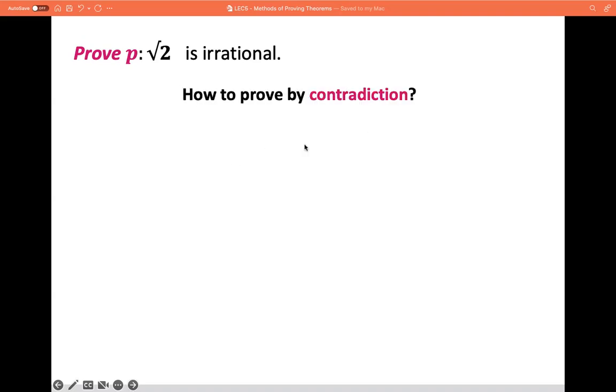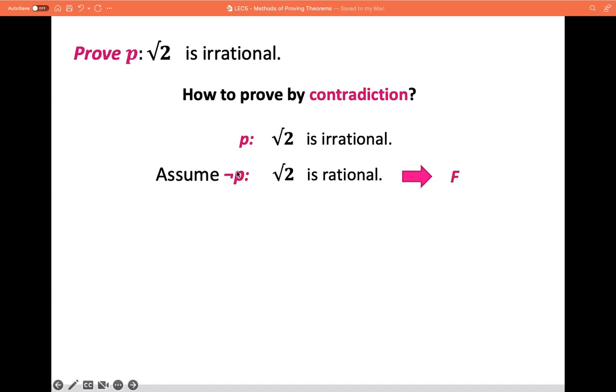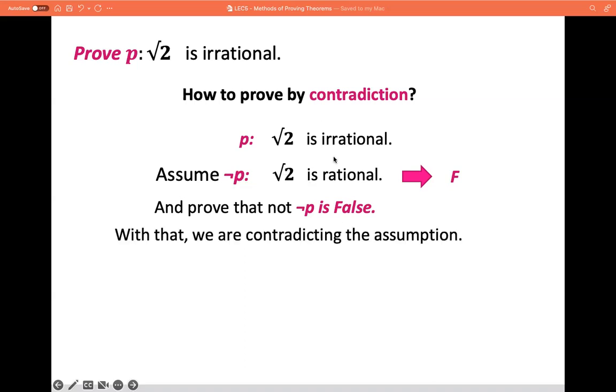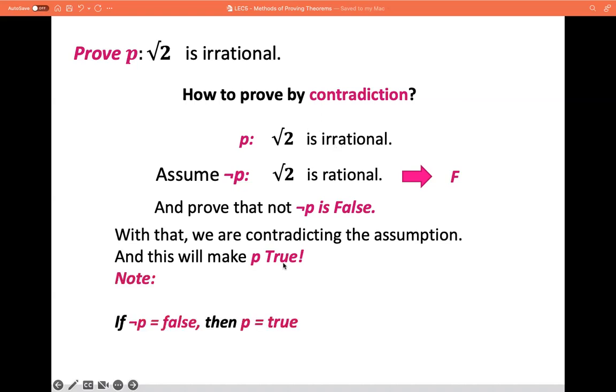By contradiction, we first assume not P, and not P is equivalent to square root of 2 is rational, essentially taking the negation of the proposition P. We want this not P to arrive at false, proving that not P is actually false. With that, we are contradicting this assumption, and this will make the original statement P, square root of 2 is irrational, true. Note that if not P is false, then P is true.